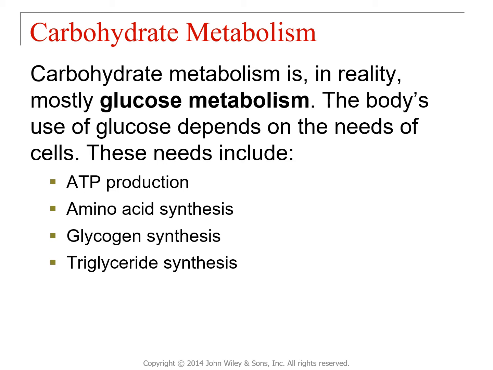Glycogen is stored in the liver as well as your muscle tissue. And then excess carbohydrates, excess glucose, can be converted into triglycerides, and our bodies again can store triglycerides without limit. So be careful. Carbs are necessary, but you don't want them in excess.